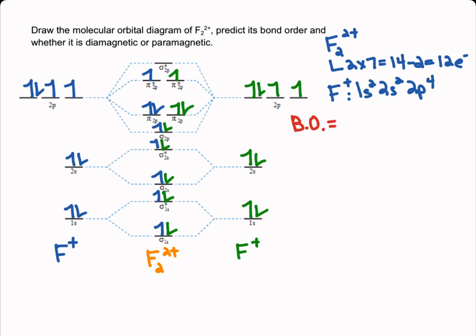Bond order is the bonding electrons minus the anti-bonding electrons divided by 2. So let's count the bonding electrons. 2, 4, 6, 8, 10. Anti-bonding electrons, 2, 4, 6.